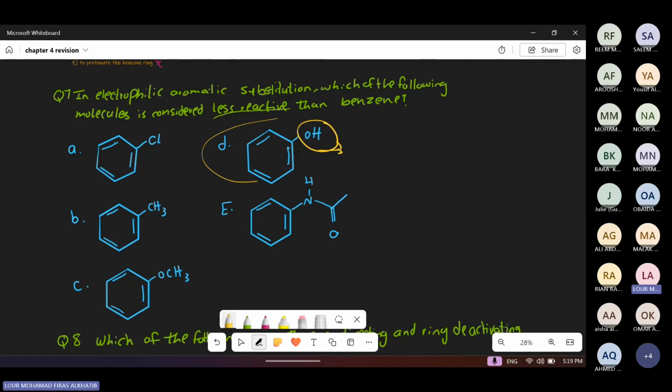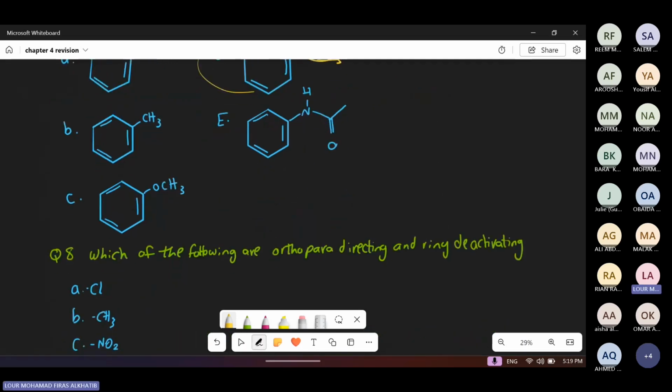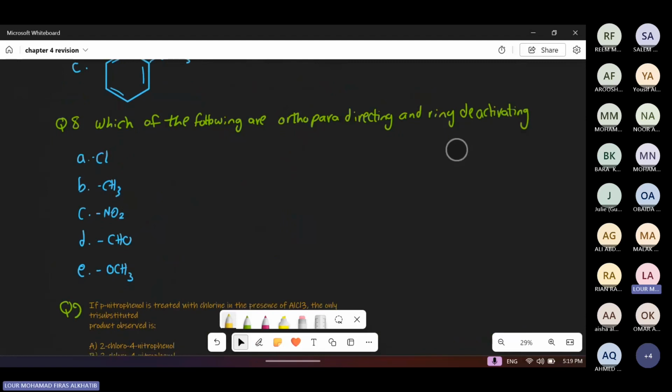It's more that you memorize the table. Now we move to the next question. You guys know the table I'm talking about, right? The meta directing, ortho para directing, and the activating and deactivating table. You have to really go through it. If you have it well memorized, you'll be able to answer any question right away.